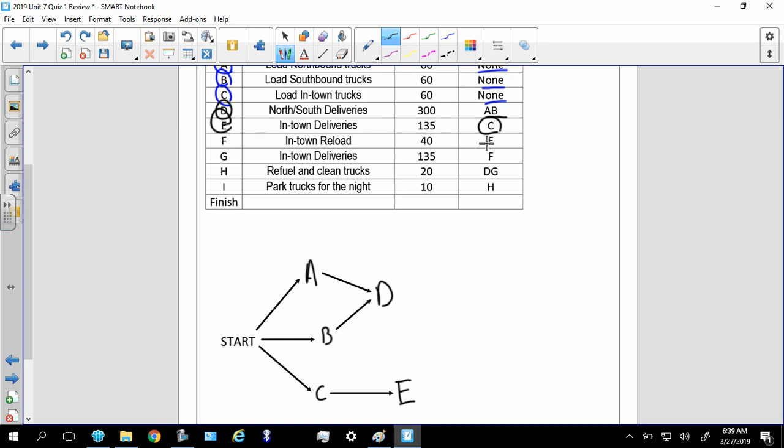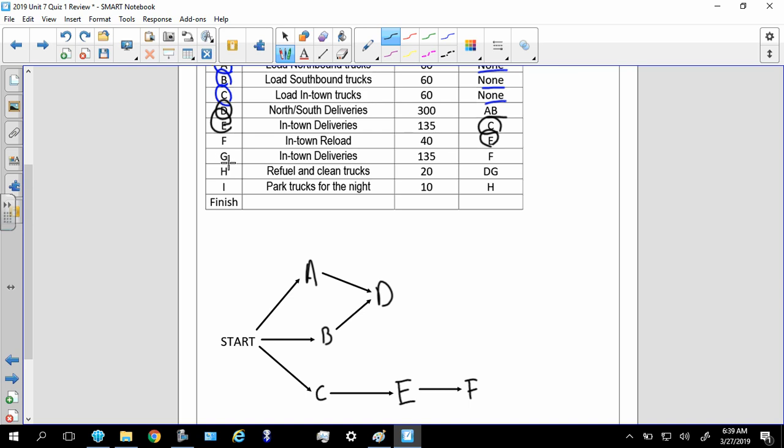All right, so let's see. F, the prerequisite is E. I hope I don't run out of room, so I'm just going to make a shorter arrow, which I should have with E, but I didn't. So that's F. All right, let's see.